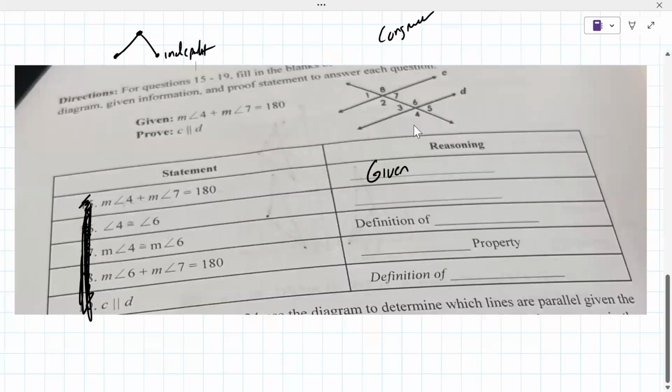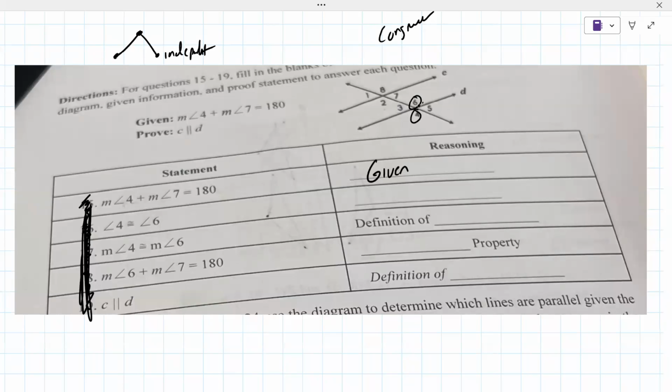You almost just want to look, okay, 4 and 6, what kind of angles are they? They are congruent. But why? Alternate exterior? Or here's 4 and here's 6.